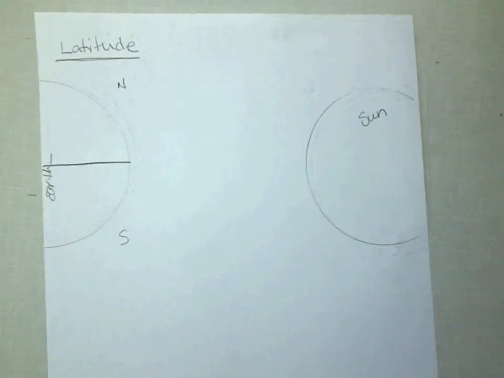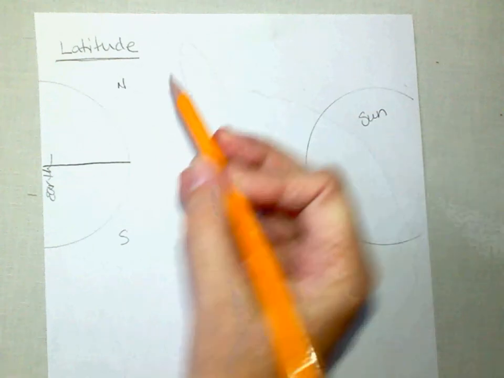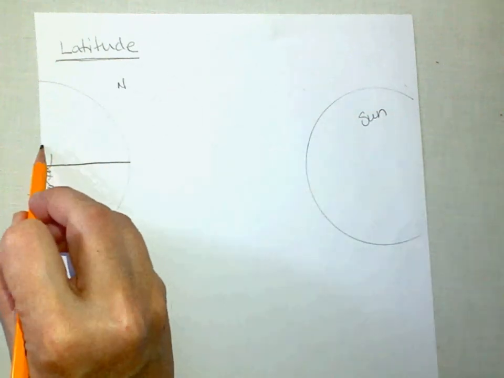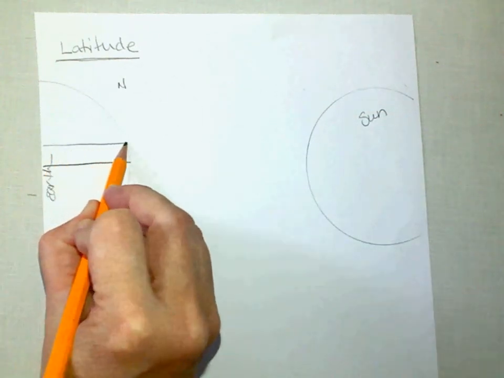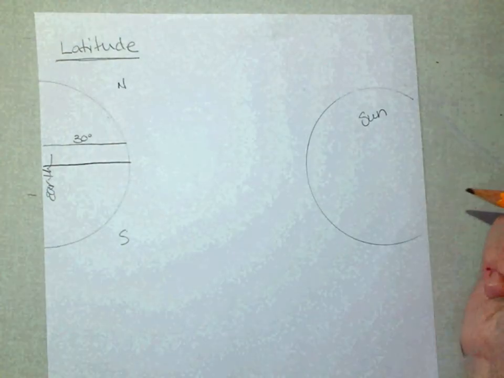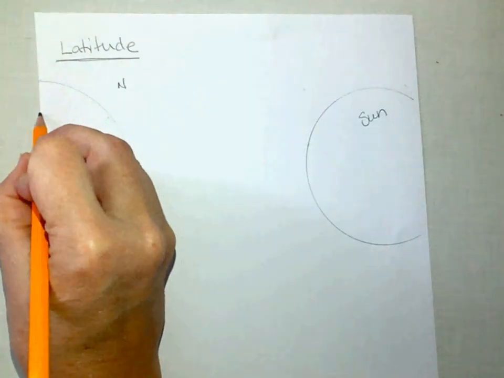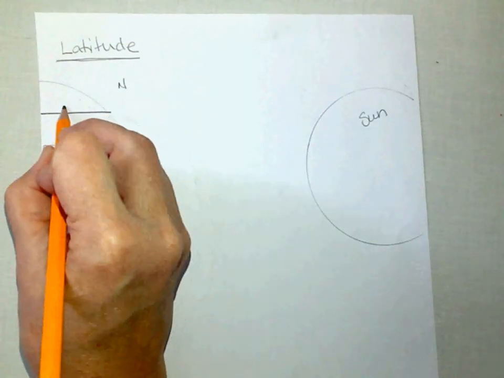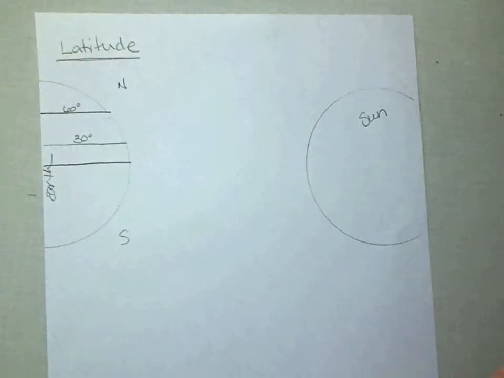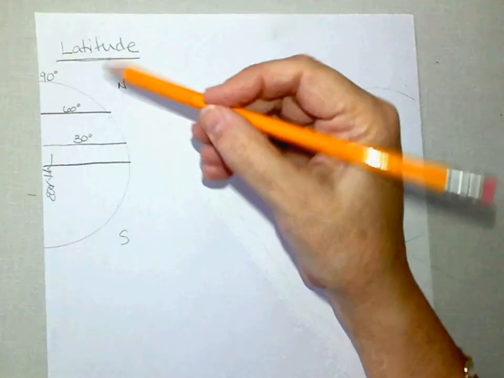All right. So we're not going to look at the 45 degree. We want to look at a couple of them a little bit above the equator. We have a 30-degree north latitude. Then we have a 60-degree north latitude. Then at the poles a 90-degree north latitude.